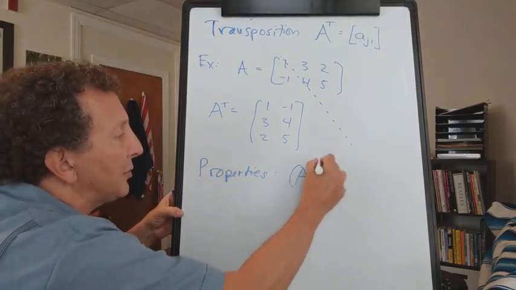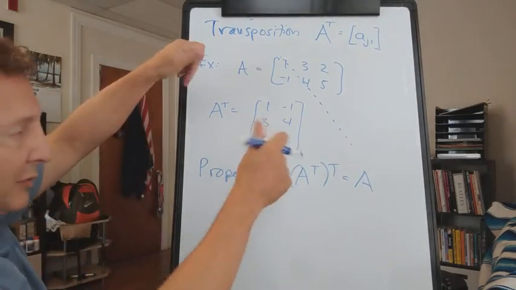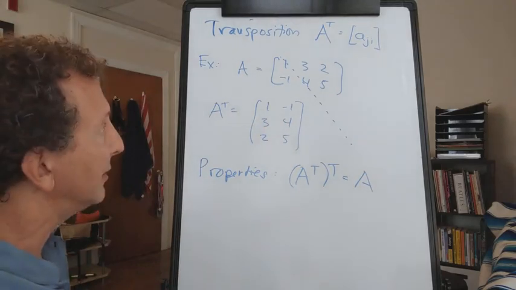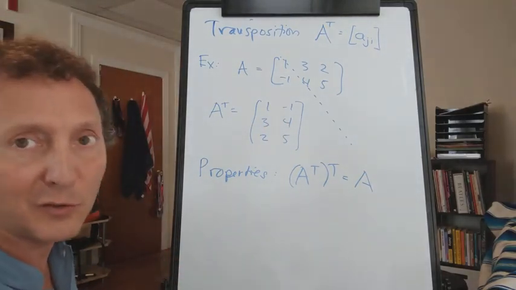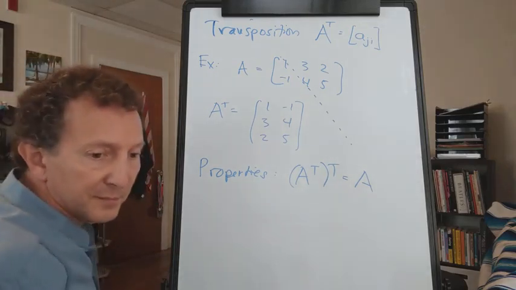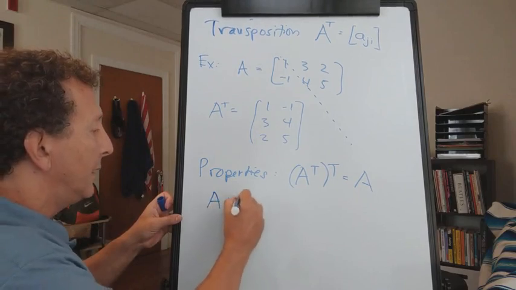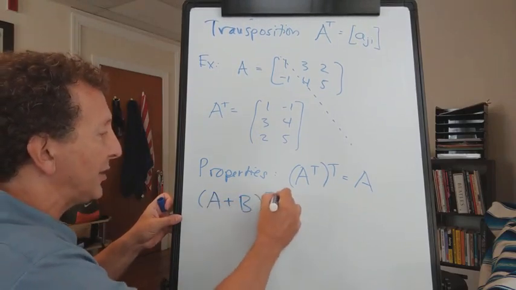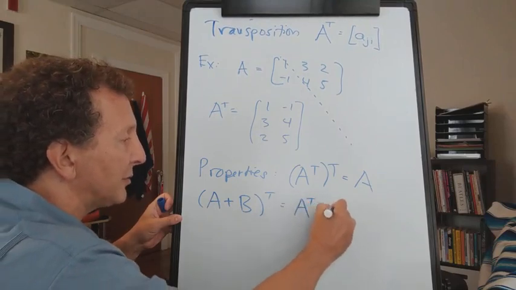Now if we transpose the matrix twice, we just get the same matrix again. Obviously if you reflect twice in that line, you just get the matrix back. Or if you switch rows and columns and then switch rows and columns again, then it's like you didn't do anything. If we take a sum of matrices and transpose them, then we just get the sum of the transposes.